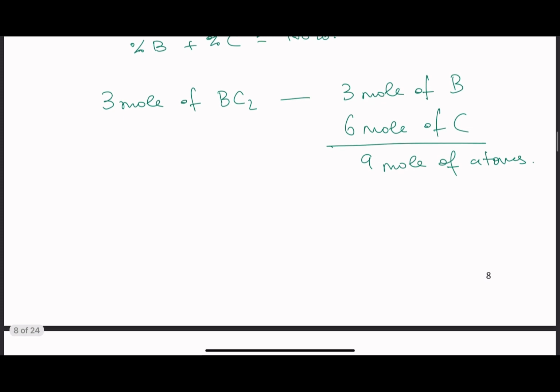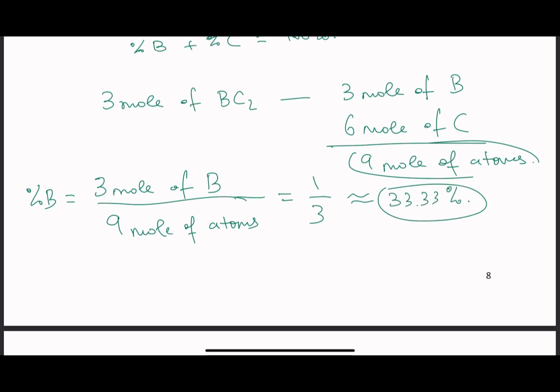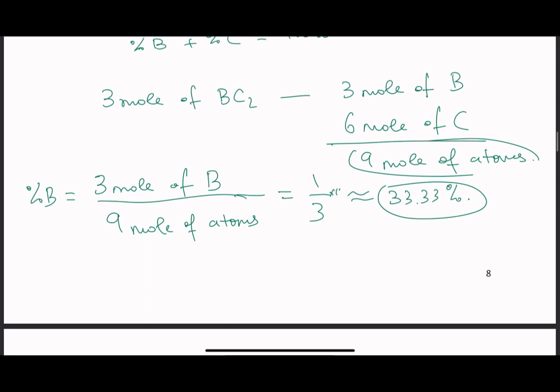So you've got 3 mole of B, you want to find the B molar percentage, right? Over 9 mole of all atoms, because you have altogether 9 moles of atoms, and this would be 1 over 3, and this would be 33.33% if you multiply by 100.